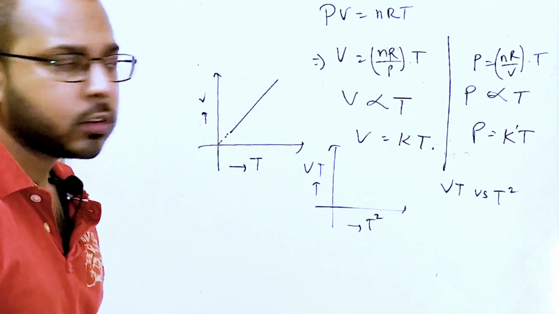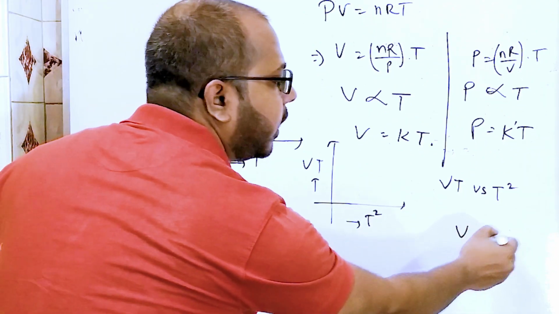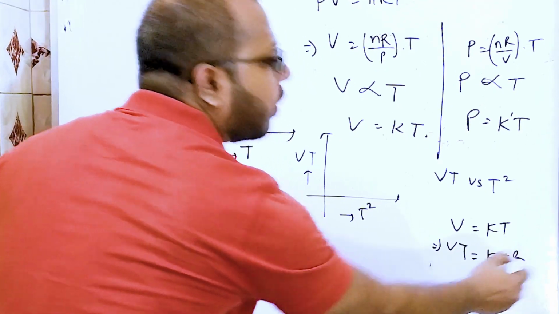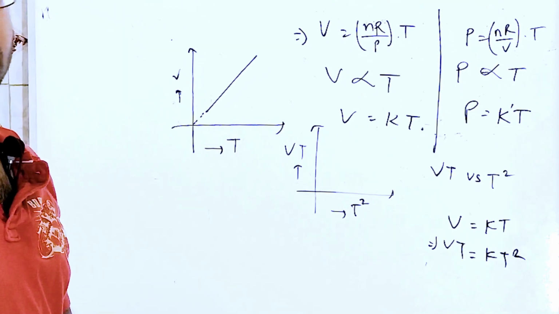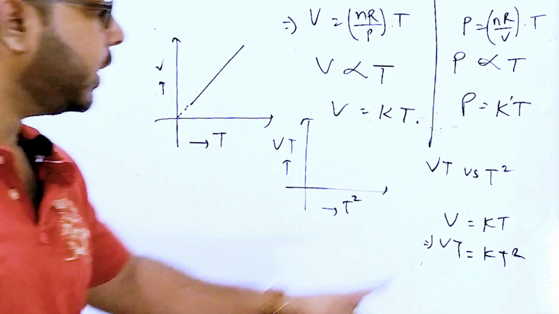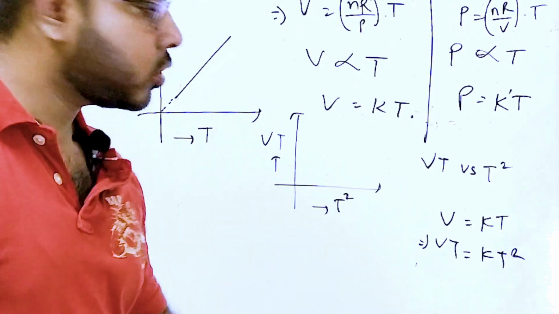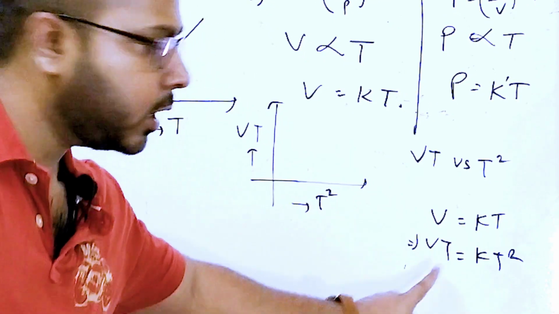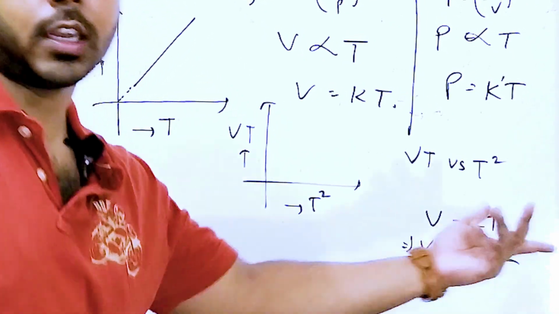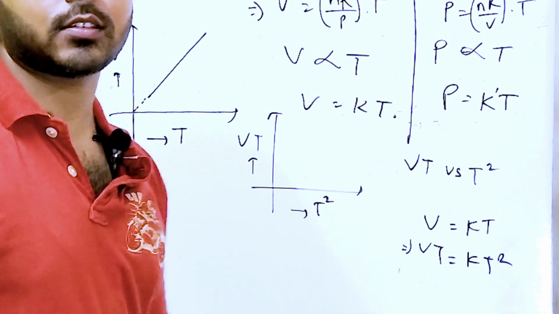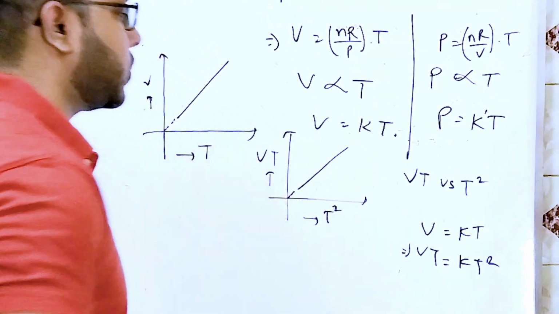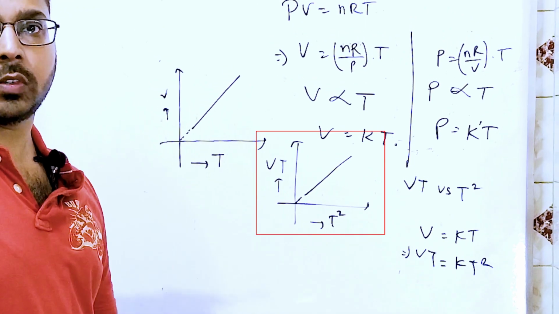So Vt, we have to bring one more T to the other side, so Vt equals to Kt square. So this is the y axis, this is the x axis, so again y equals to mx. So again Vt versus T square will be a straight line.